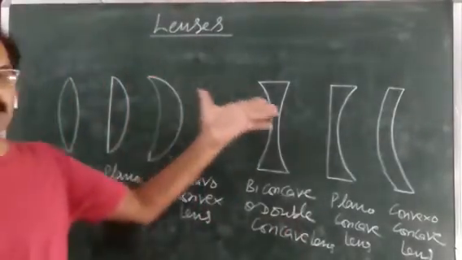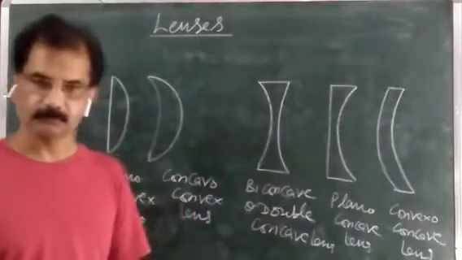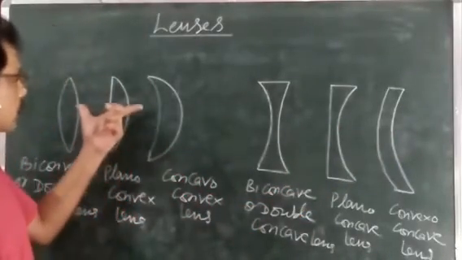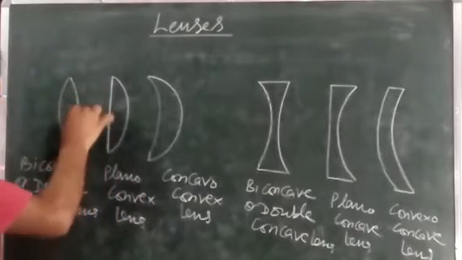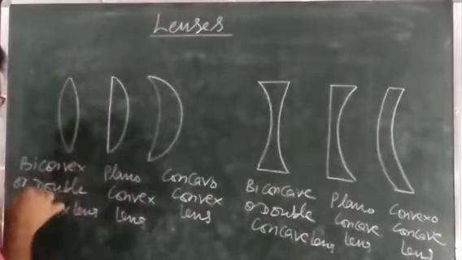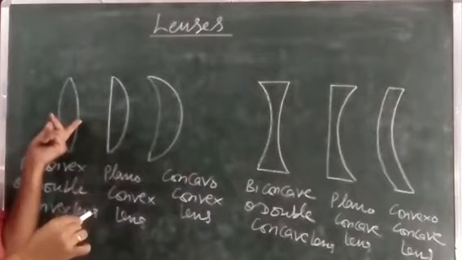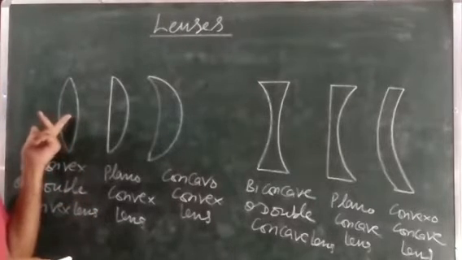As you know, there are different types of lenses. In the case of convex lens, this one is called biconvex or double convex lens. In short, you can also say only convex lens.